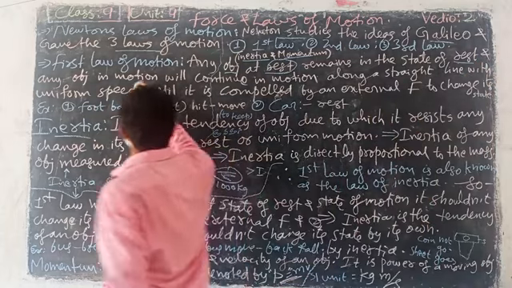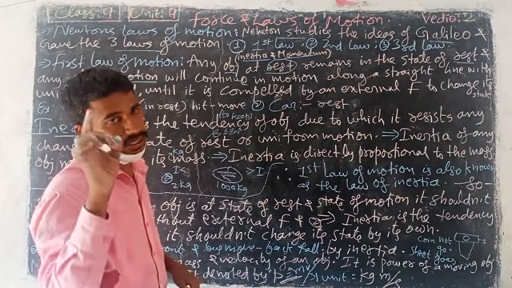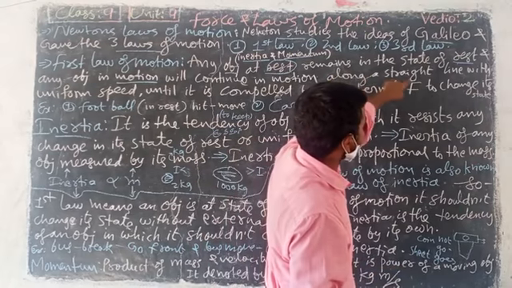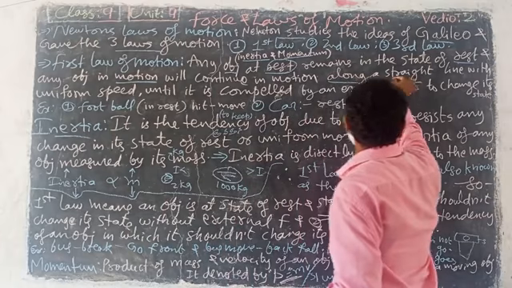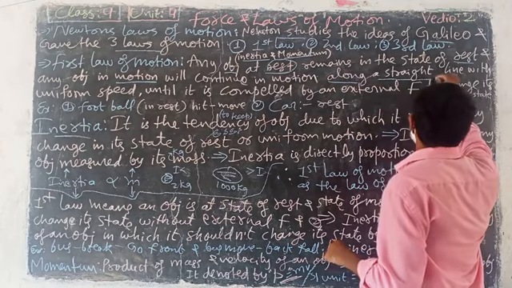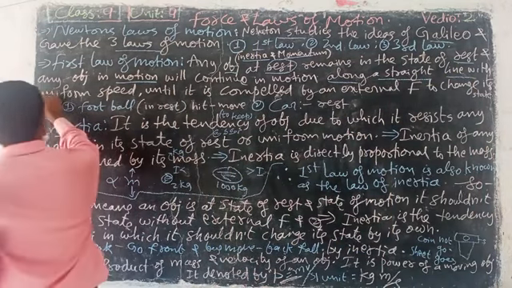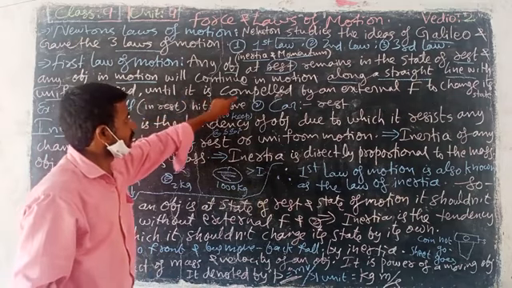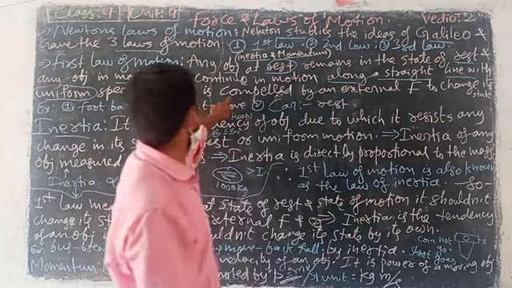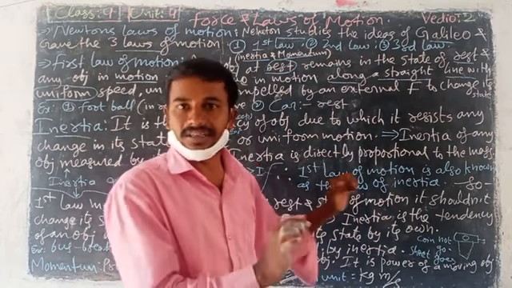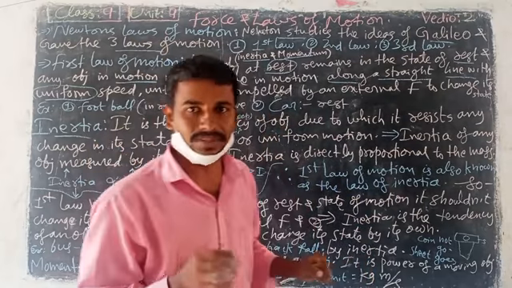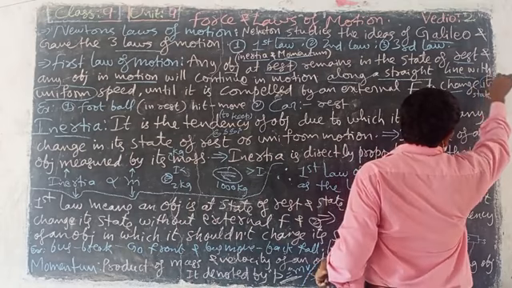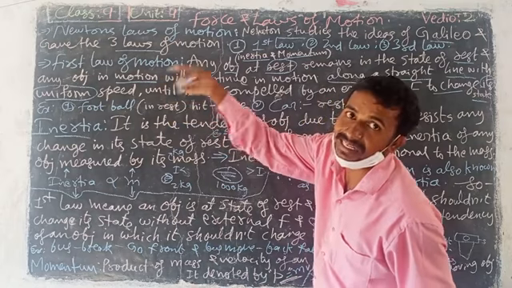And another point: any object in motion, uniform motion, will continue in motion along a straight line, not any different line, with uniform speed until it is compelled by any external force. Compelled means stopped, hit or disturbed, to change its state. Whose state? The uniform motion body's state.